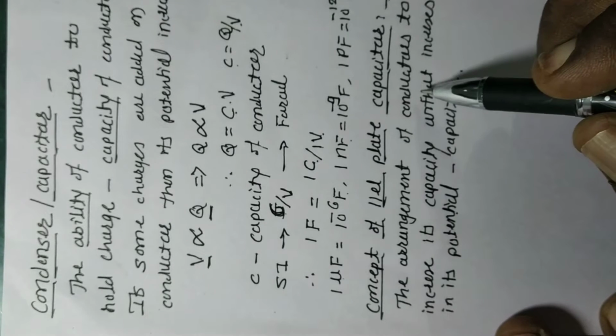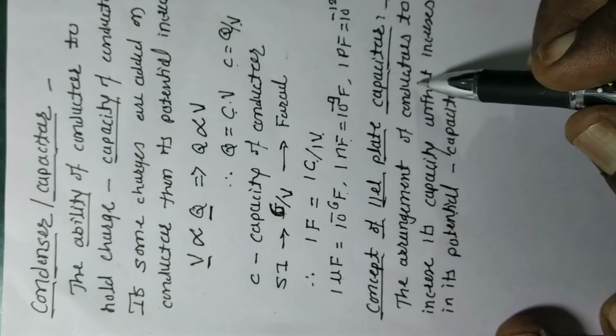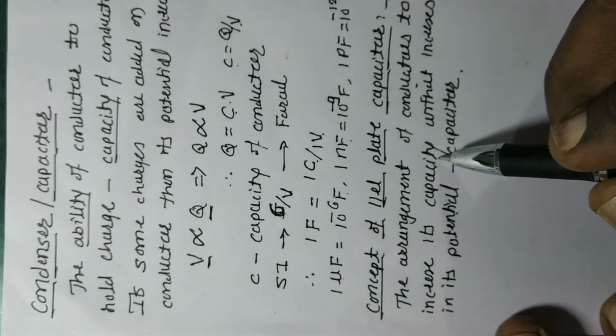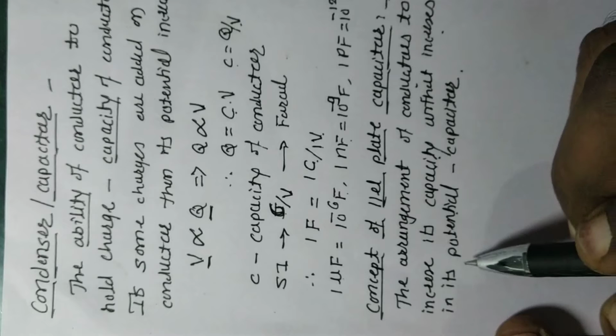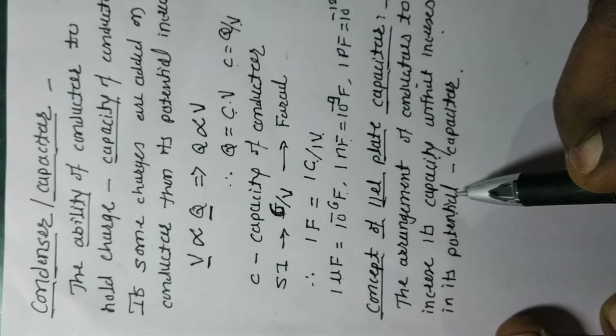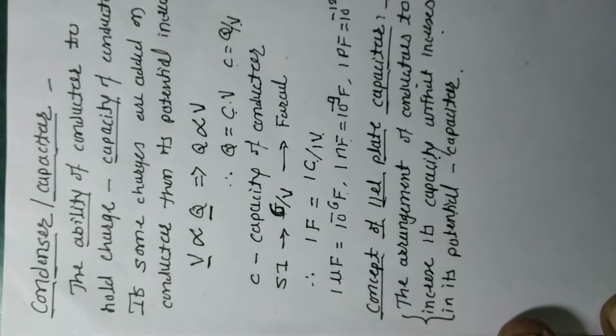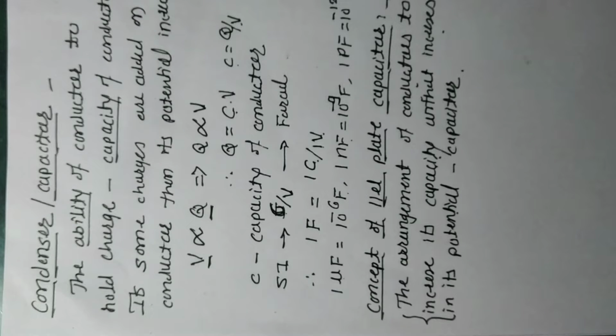The arrangement of conductors. आपण कंडक्टरची अरेंजमेंट करतोय कशासाठी? To increase its capacity without increase in its potential. Such arrangement of conductor is called as capacitor.